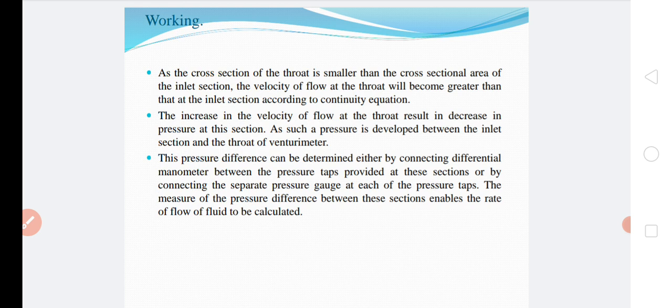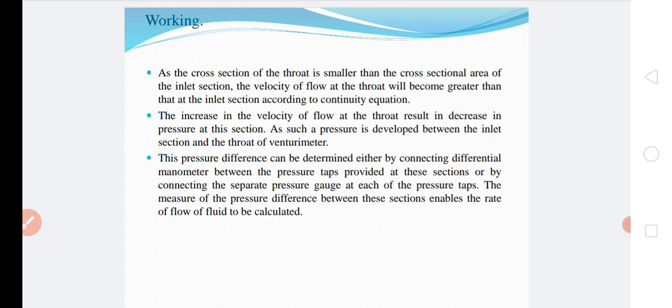The velocity of flow at the throat will become greater than that at the inlet section according to the continuity equation. The increase in the velocity of flow at the throat results in a decrease in pressure at this section. As such, a pressure difference is developed between the inlet section and the throat of the venturimeter.